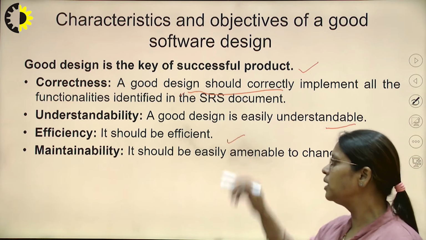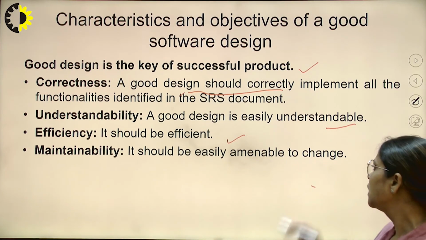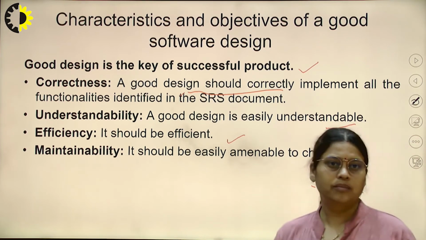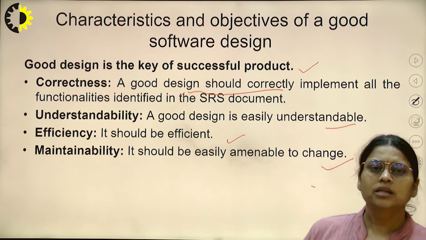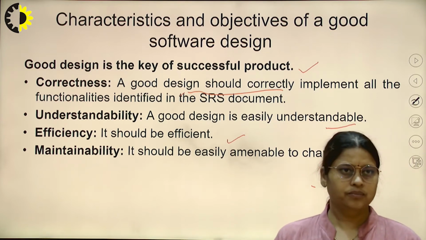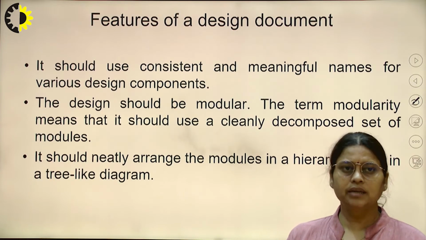It should be very efficient and finally it should be easily amendable, means if we want to change something then we can easily change. So, these are some characteristics of good software designing.